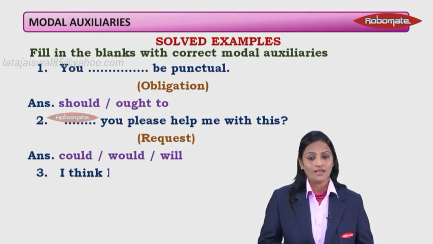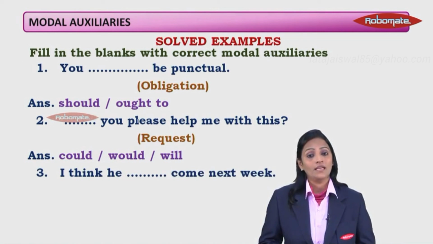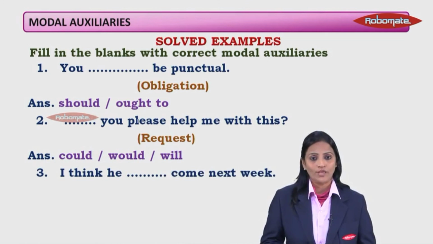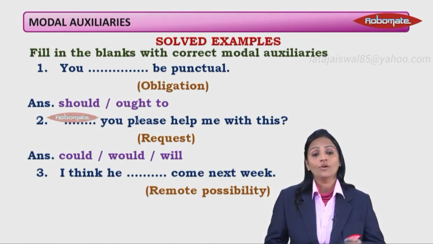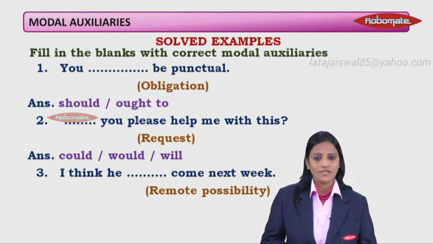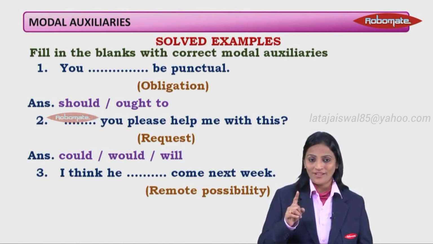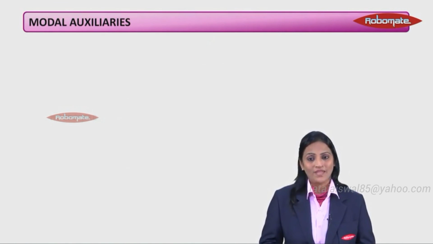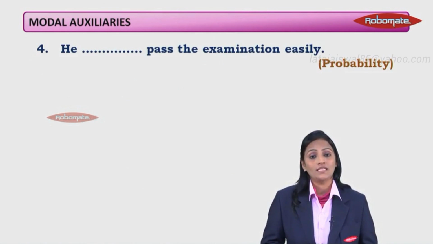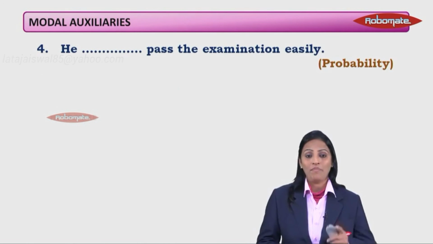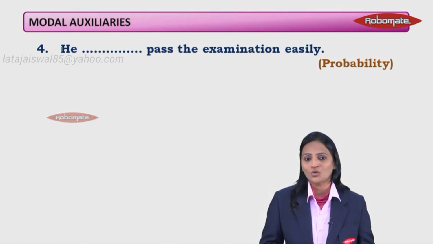All three are correct. I think he dash come next week. Now here they are asking you to write an auxiliary which shows remote possibility. And we know there's only one for that, that is might. We have he dash pass the examination easily. Probability based on certain conditions and situations.